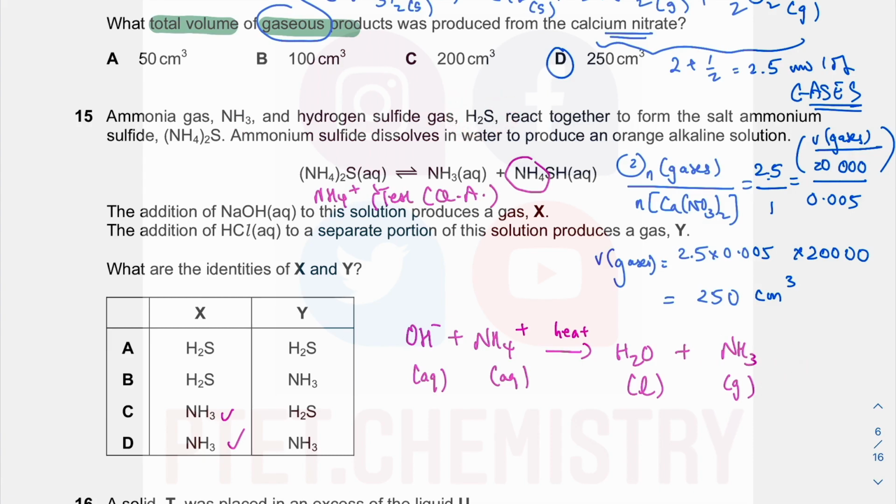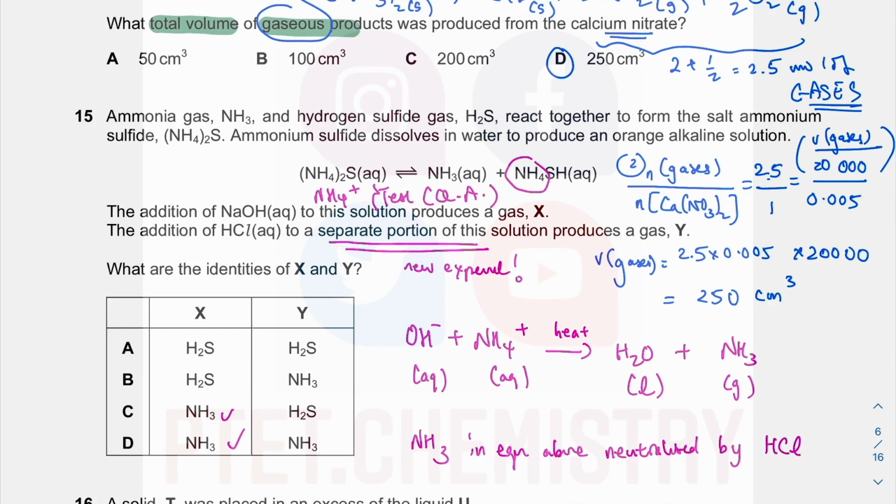Moreover, when you add HCl to a separate portion, hang on, separate portion. So this is a new experiment, a different experiment. That's why it's separate. What will the NH3 do? The NH3 in the equilibrium above is neutralized. That means it will be removed by the HCl because you're adding HCl.